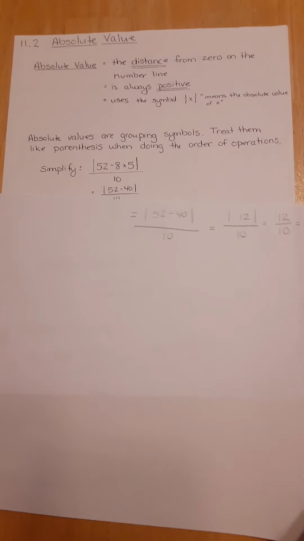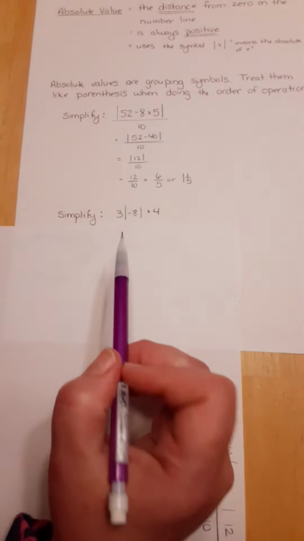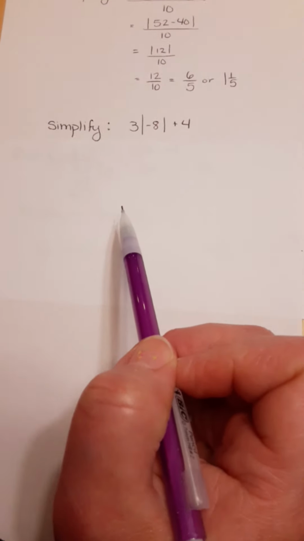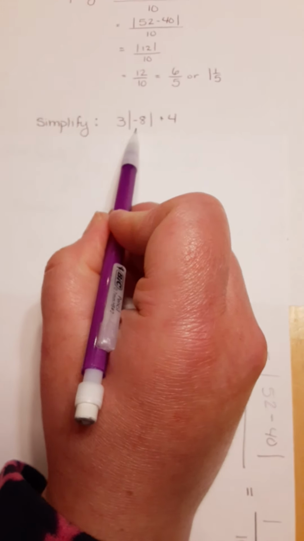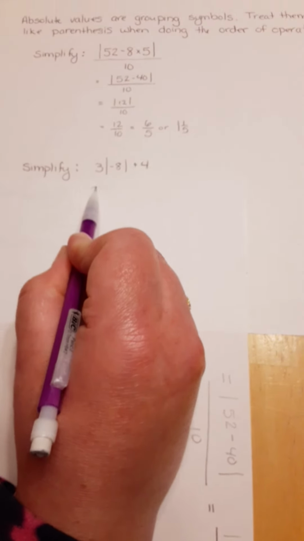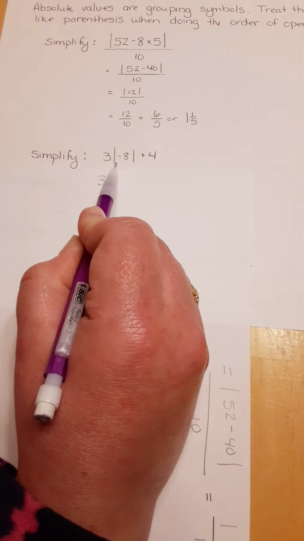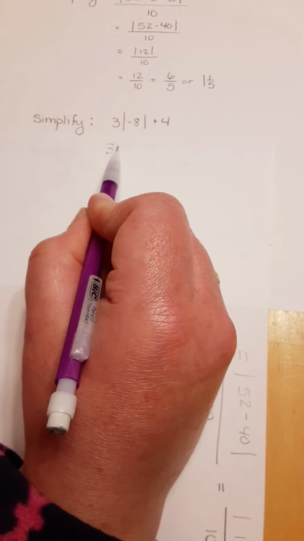Let's jump down and do this example here, okay? Remember, we've got to do order of operations. My order of operations says I have to do what's inside my absolute value sign first. So what is the absolute value of negative 8? Well, I know it's going to be positive 8.